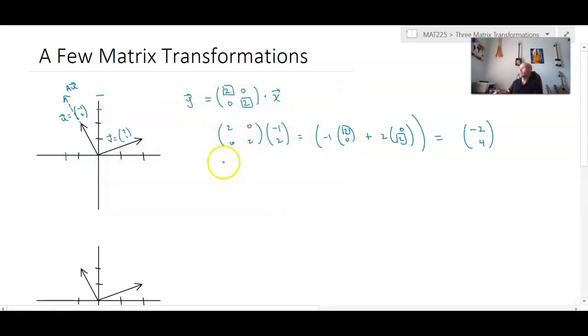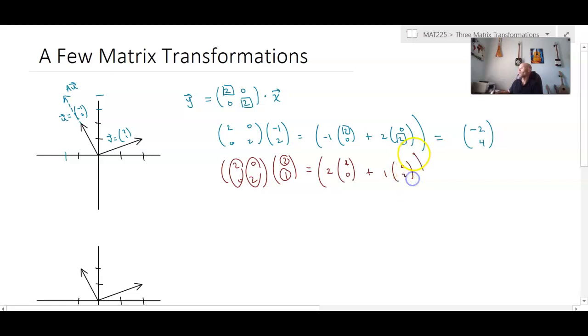Now let's take a look at 2, 0, 0, 2, this matrix times our v vector, which is 2, 1. So we'll have 2 times the first column, and then 1 times 0, 2.